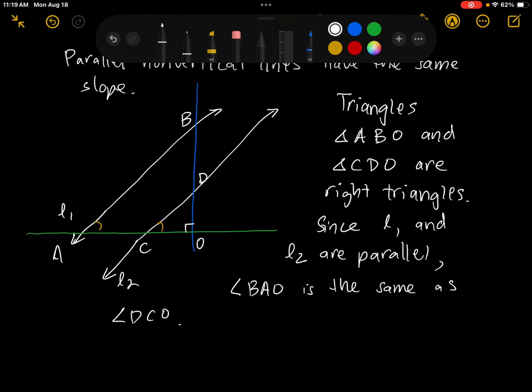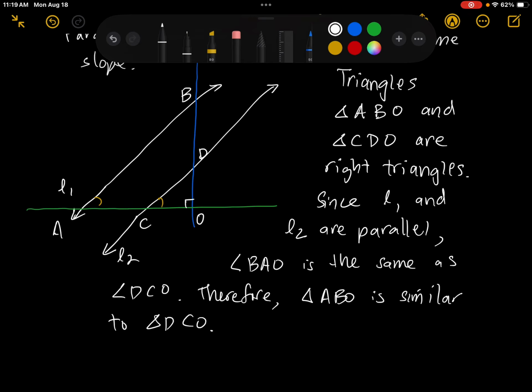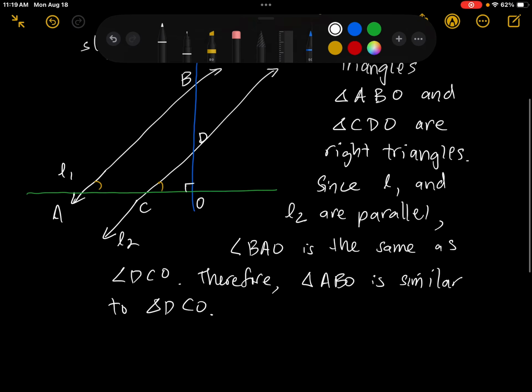So therefore, we have two triangles with two corresponding angles being the same. Therefore, all the corresponding angles are the same. So therefore, triangle ABO is similar to triangle DCO. And when you have two similar triangles, we can compare the ratios of the side lengths.